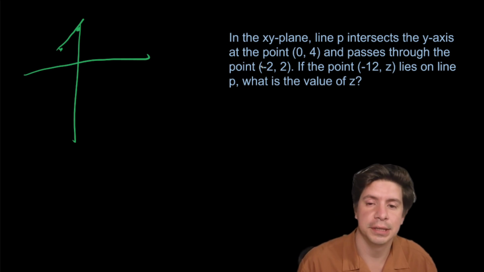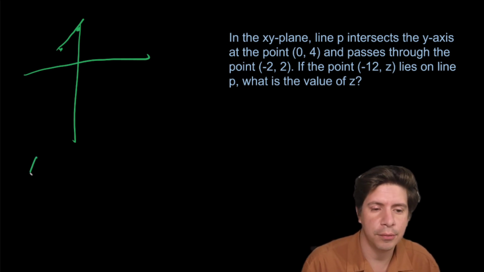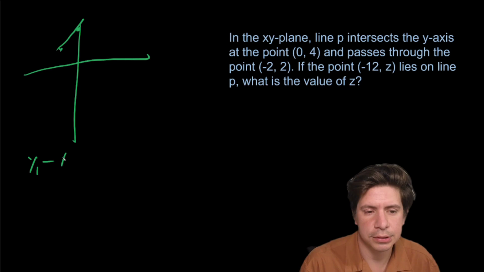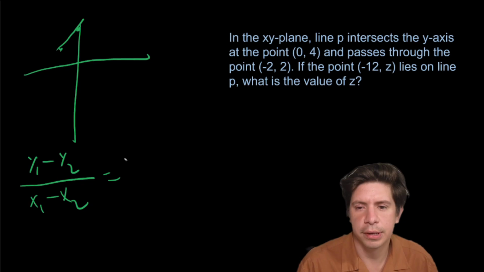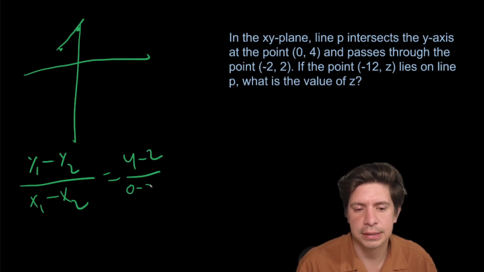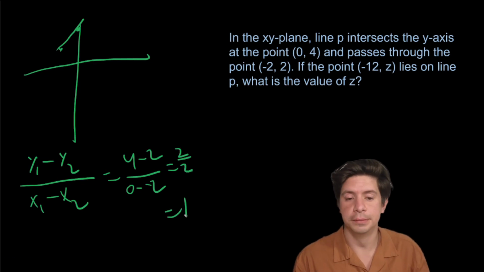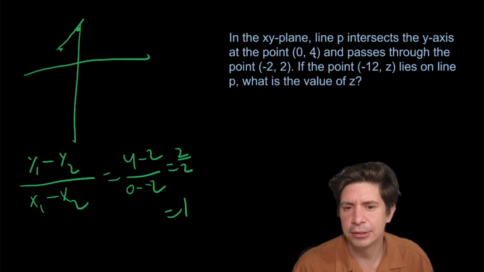So what is z? So the slope will be y1 minus y2 over x1 minus x2. So we're going to get 4 minus 2 over 0 minus -2, and that'll give us 2 over 2, which equals 1. We have a slope of 1 and a y-intercept of 4.